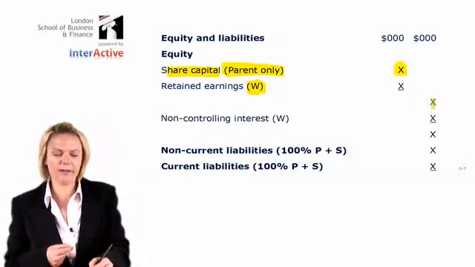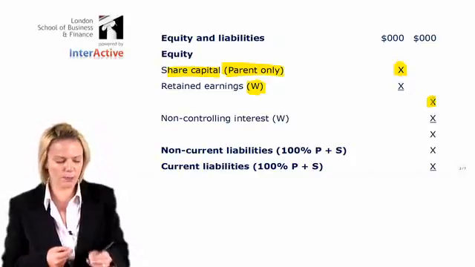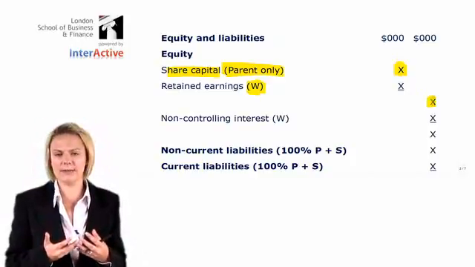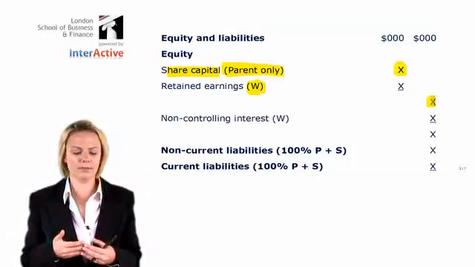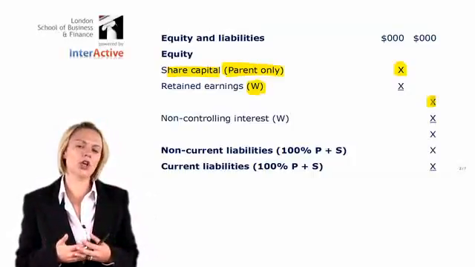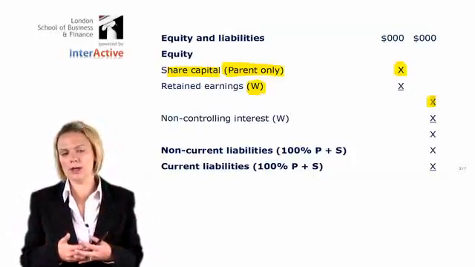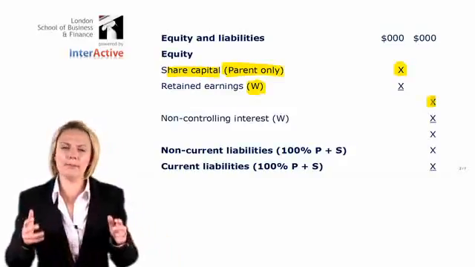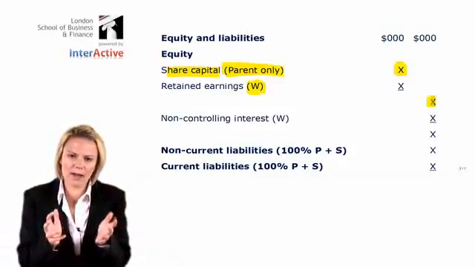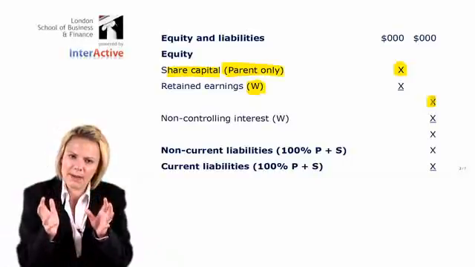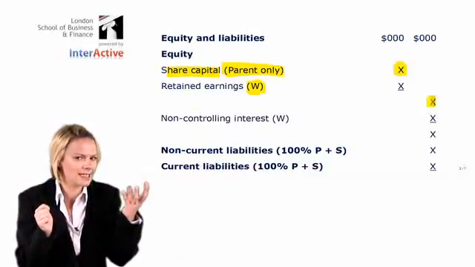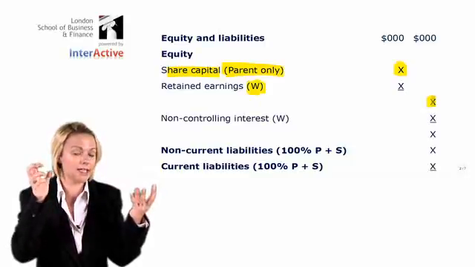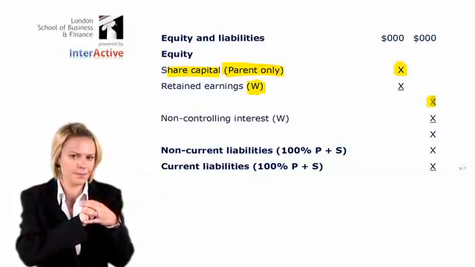So, subtotal, bring the total across. That would be the owner's equity. Okay, so that would be the parent's equity. But we then have to show what we don't own in the group. Now remember, group is controlled by the parent. But what does the parent own of the group? Well, they own all of their own assets and liabilities and 80% of the subsidiaries.